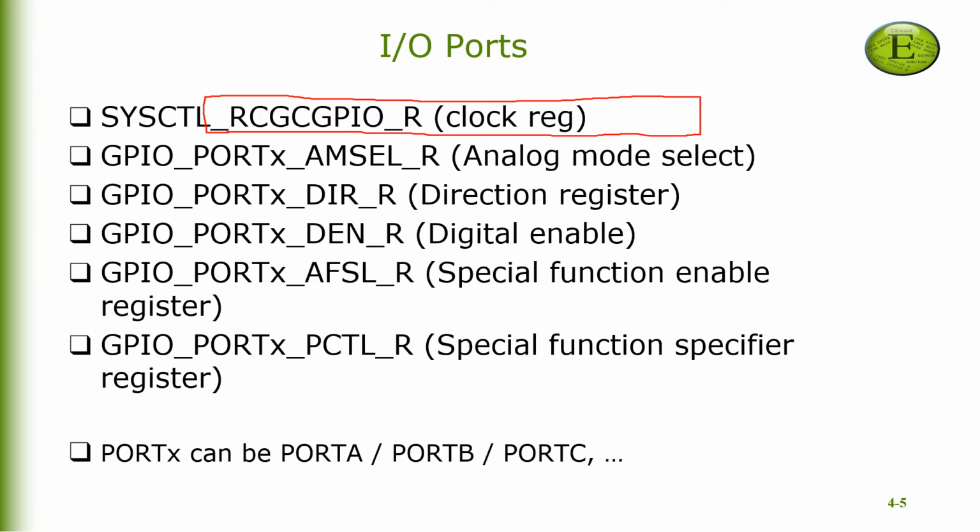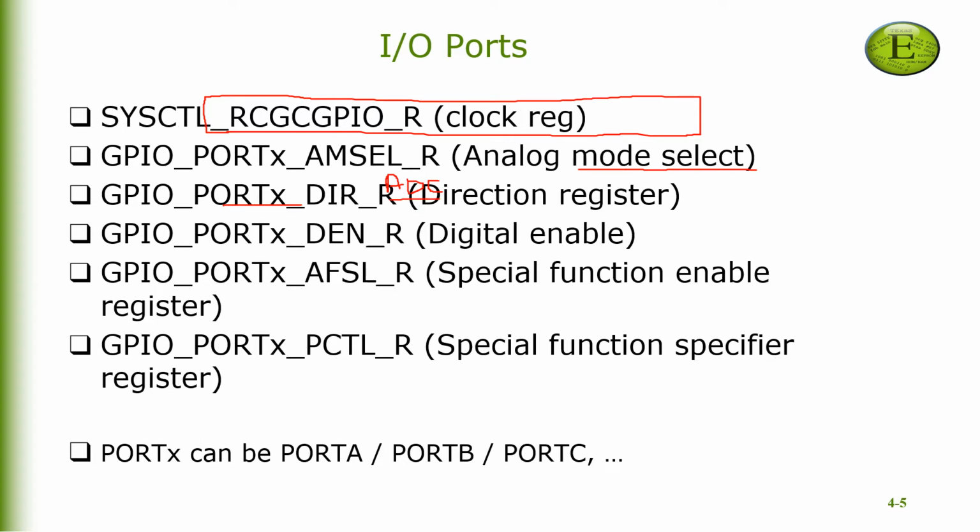The other register is the analog mode select register that tells us if we wish to use a given I/O port or its pins for analog input-output purposes. That flexibility is there because we have an ADC inside the microcontroller, and that ADC is connected to the port with the help of buses.